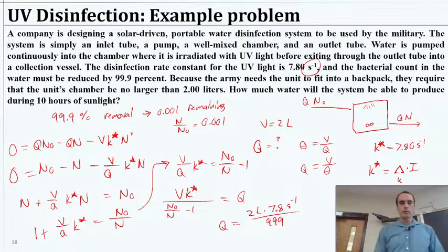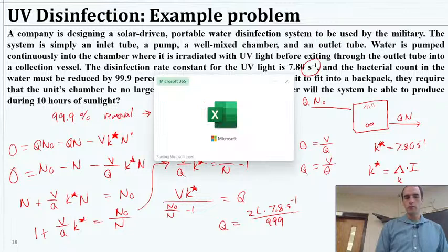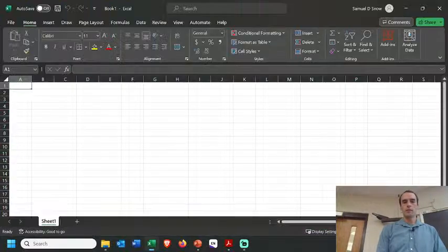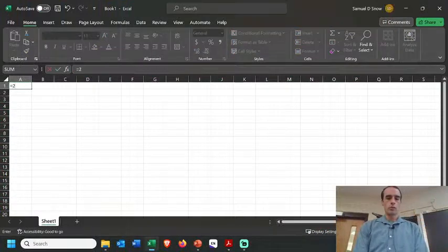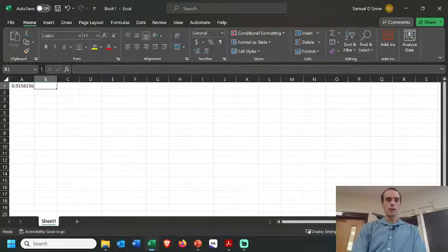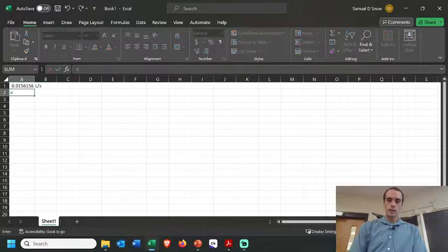All right, so if we put that into a calculator, we'll just do this in Excel real fast, get our answer, and call it there. So if we take 2 liters times 7.8 per second divided by 999, we're getting that many liters per second. So we're going to take that and multiply it by 10 hours times 60 minutes per hour and 60 seconds per minute.